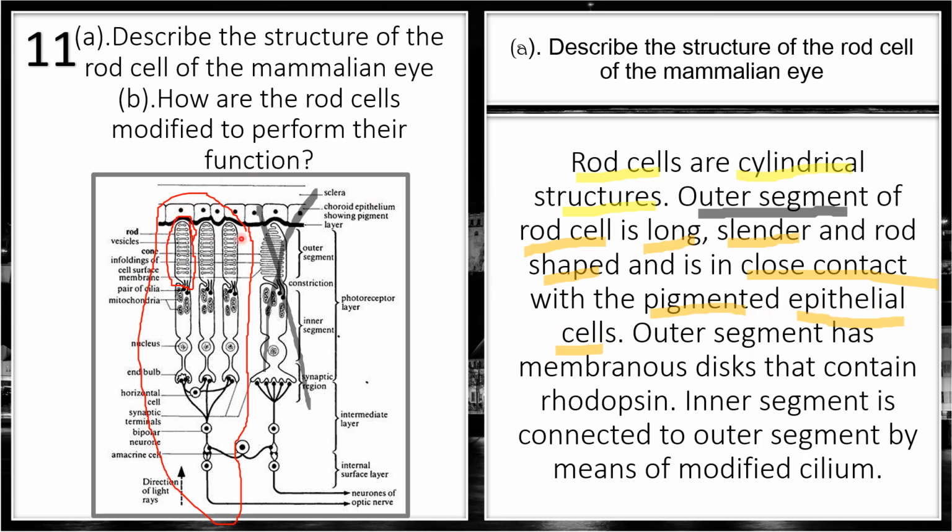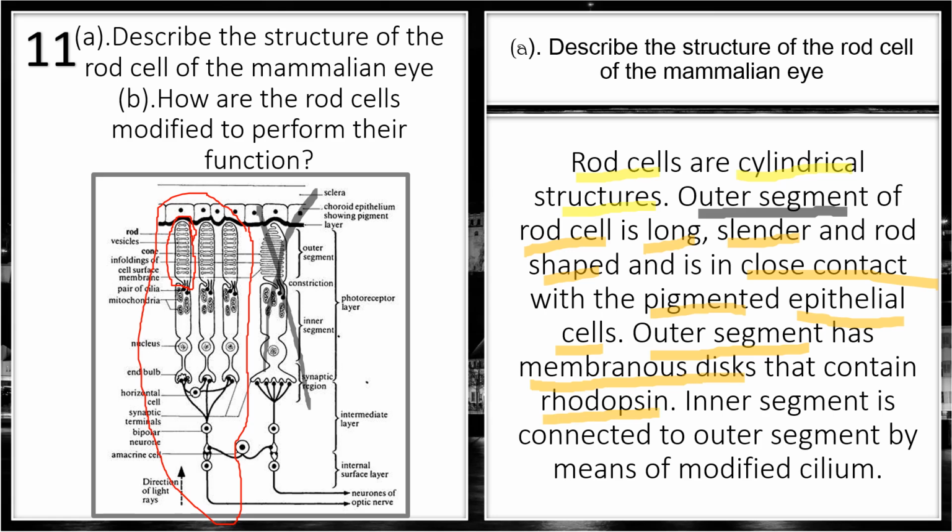So here we have our pigmented epithelial cell, which is the choroid layer. Here is where it is attached. The outer segment has membranous discs that contain rhodopsin.